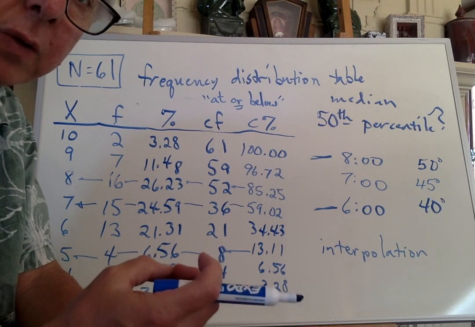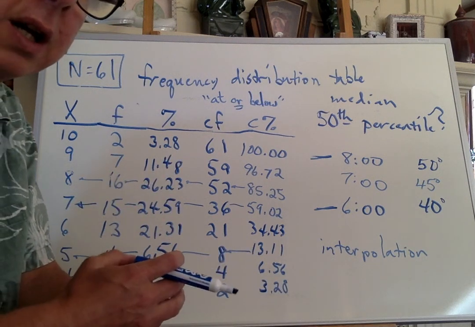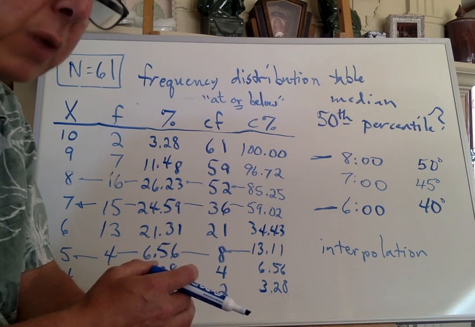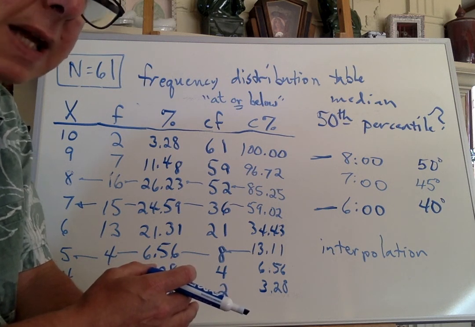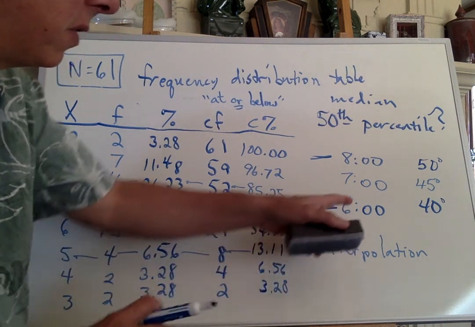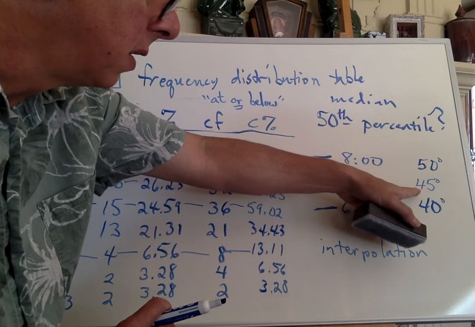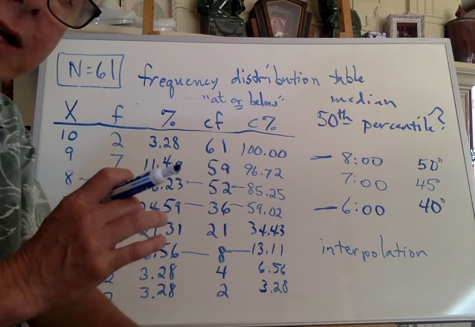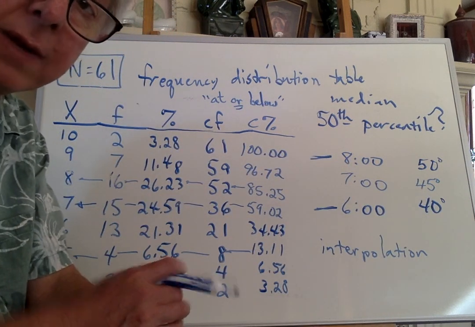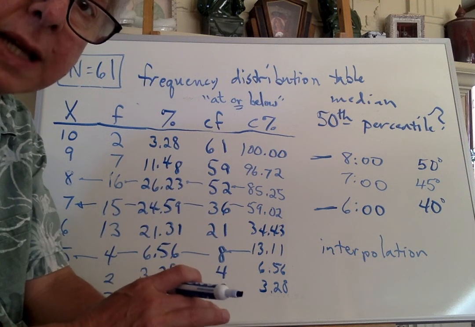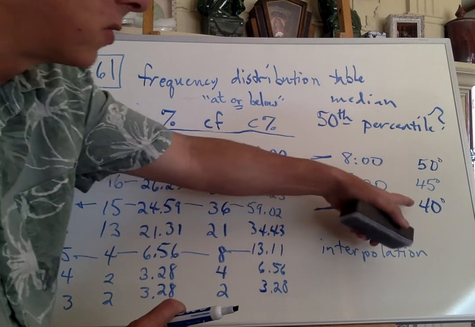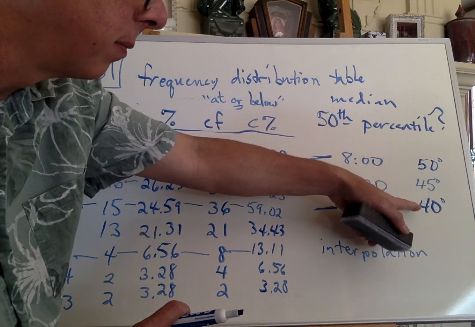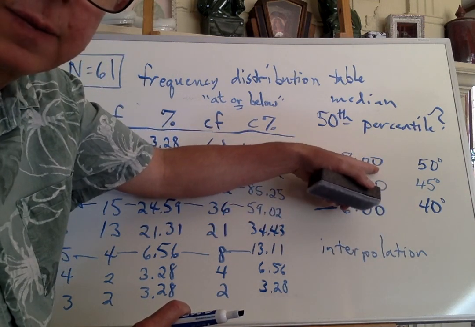Interpolation. Okay? We do make a very serious assumption when we do this. Even if you got this answer in the beginning, or if your guess was 45 degrees, you were actually making an assumption, even if you didn't realize it. You were assuming that the temperature was going up linearly between 6 o'clock and 8 o'clock.